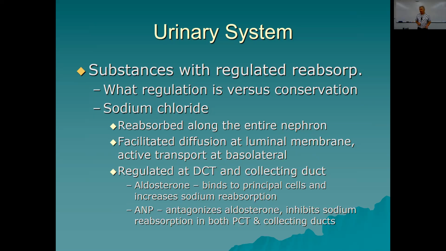So it's an antagonist of aldosterone. This is, by the way, aldosterone causes sodium reabsorption, but it causes potassium secretion. If you absorb a lot of sodium, you lose a lot of potassium. You don't absorb a lot of sodium, you save a lot of potassium.